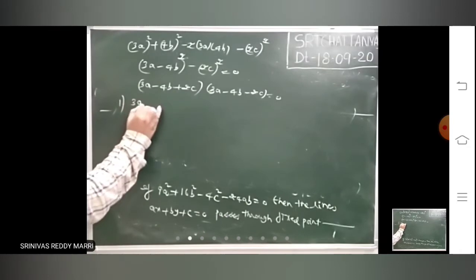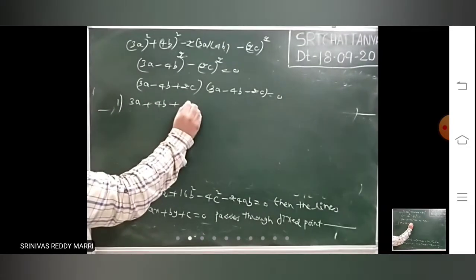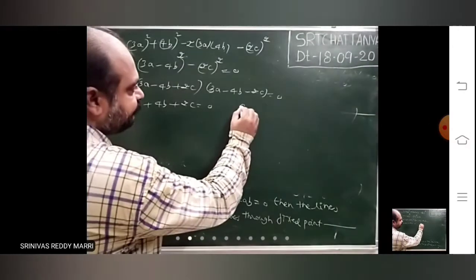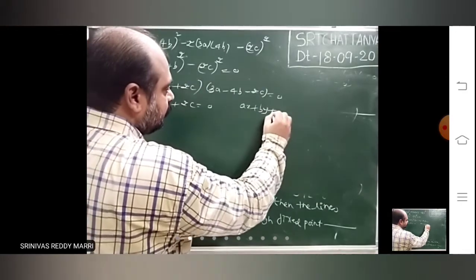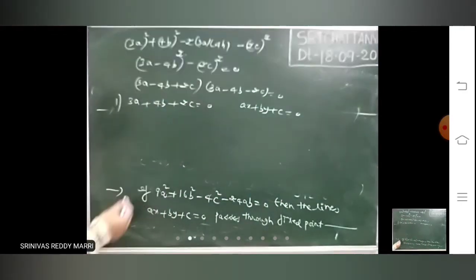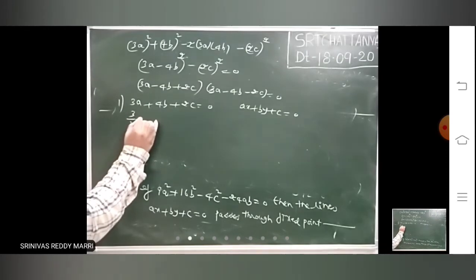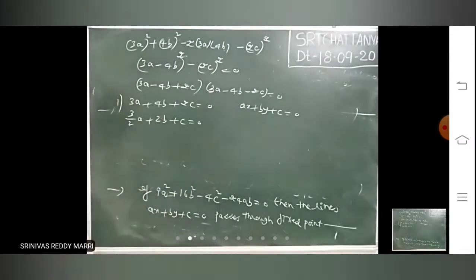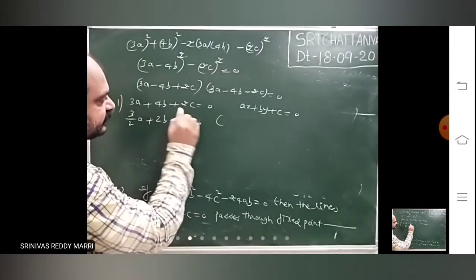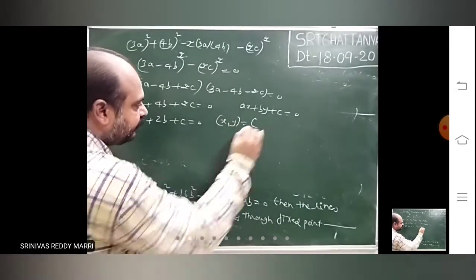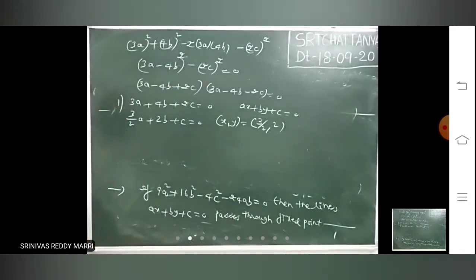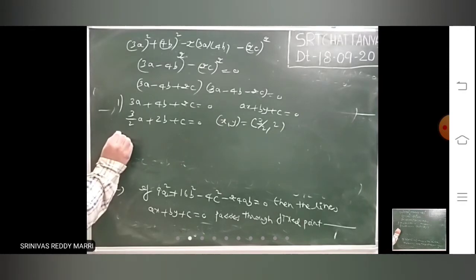Take the first condition. If this condition is satisfied, the given line is ax plus by plus c equal to 0. Here the constant is c, and I am dividing by 2, so you get 3 by 2 a plus 2b plus c equal to 0. That means if this condition is satisfied, the line passes through the fixed point 3 by 2 comma 2.